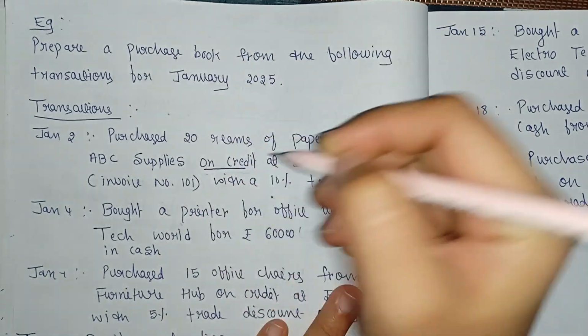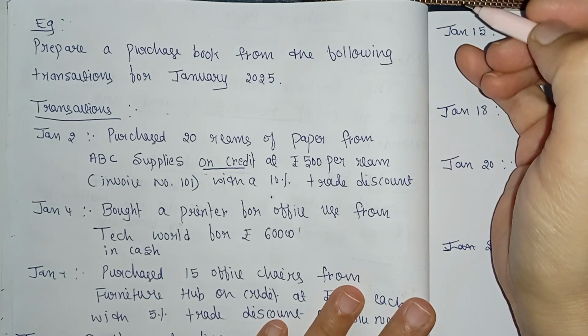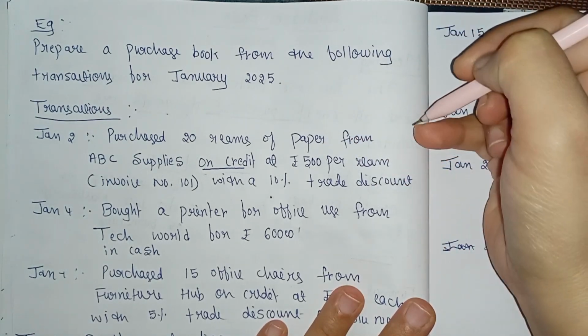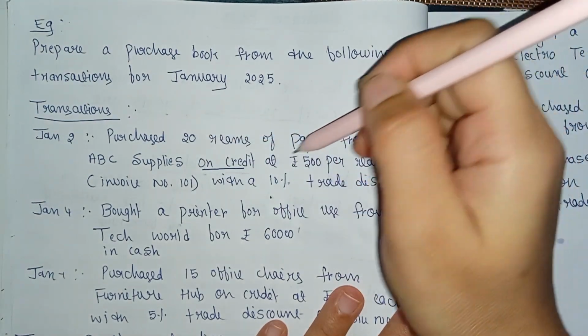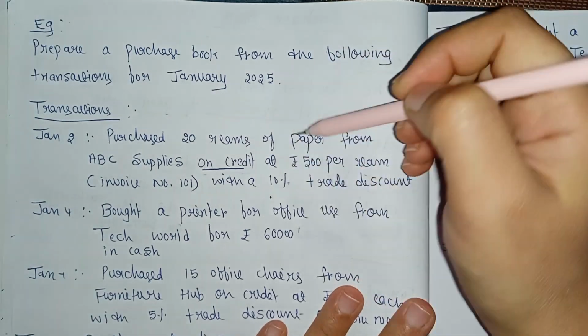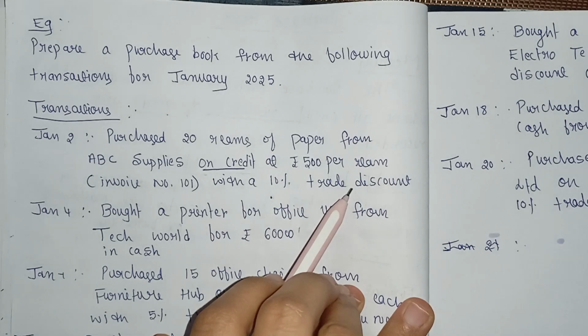See the transaction very carefully. Purchased 20 reams of paper from ABC Supplies on credit at rupees 500 per ream. We purchased 20 reams of paper at rupees 500 per ream, meaning 500 into 20, and the invoice number is 101 with a 10% trade discount.